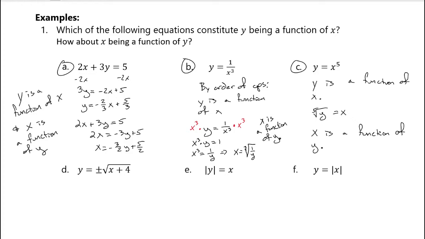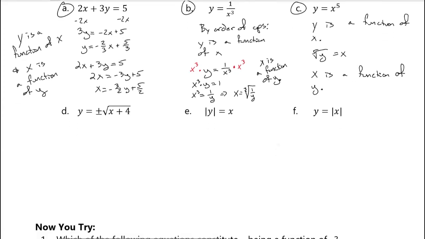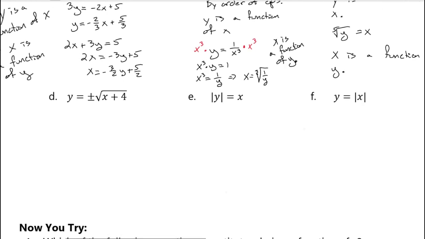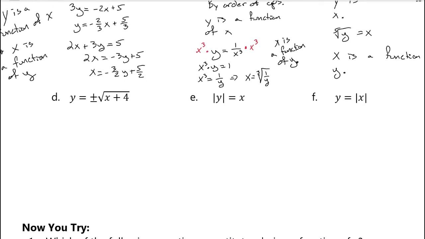All right, we're going to start getting into some where I think we're going to get some answers where they're not both functions in both directions. So let's take a look at part D here. We have y equals plus or minus the square root of x plus 4.